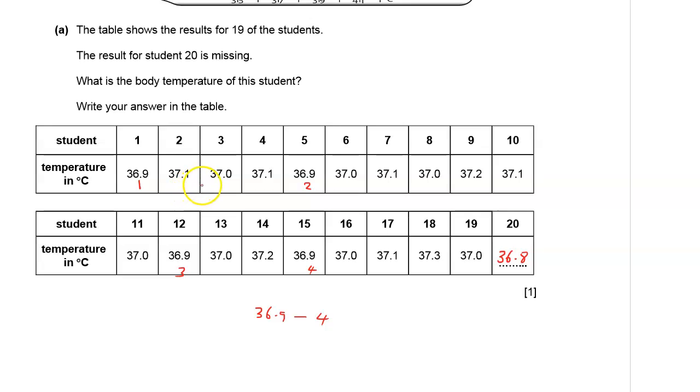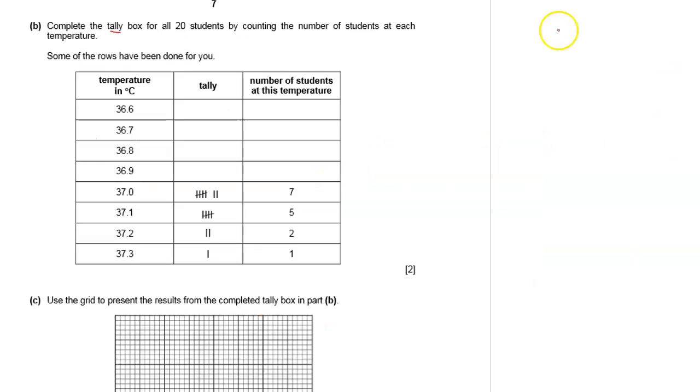We now need to go to 36.8. Where is that? At 36.8 we only have 1. We don't have any other temperature lower than 36.9. So let's go to our tally table here.